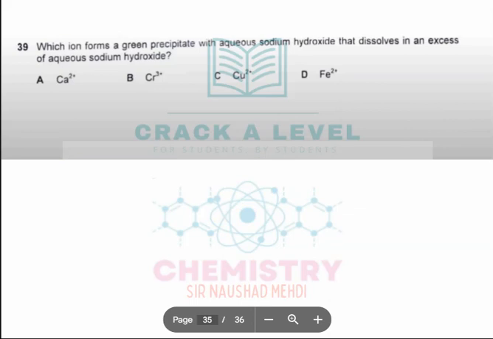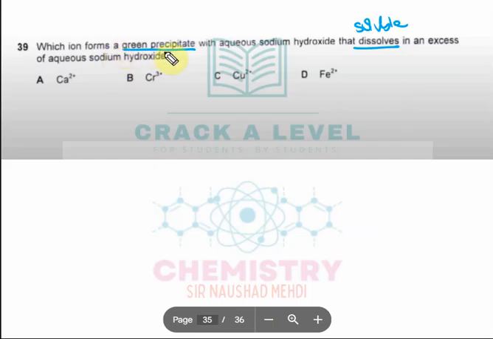And MCQ number 39 is saying: which ion forms a green precipitate when aqueous sodium hydroxide is added, and dissolves, meaning it is soluble in excess. For that you have to memorize the qualitative analysis table, which would be provided to you in the paper 6 ATP, but that is not provided in paper 2, which is MCQs.